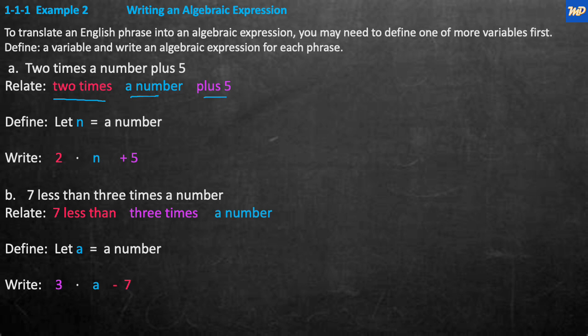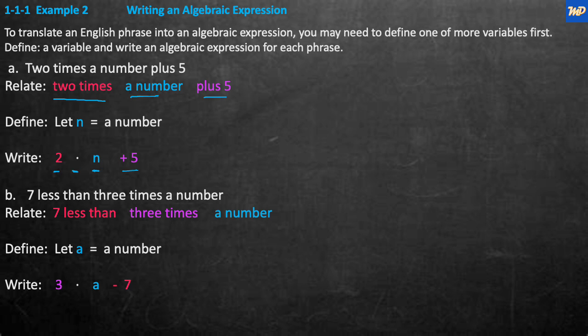So we've defined n, and what do we see? 2 times, the dot in between them means multiply, 2 times n, that number that we don't know, and you're going to add 5. So we converted the English sentence into a mathematical expression.